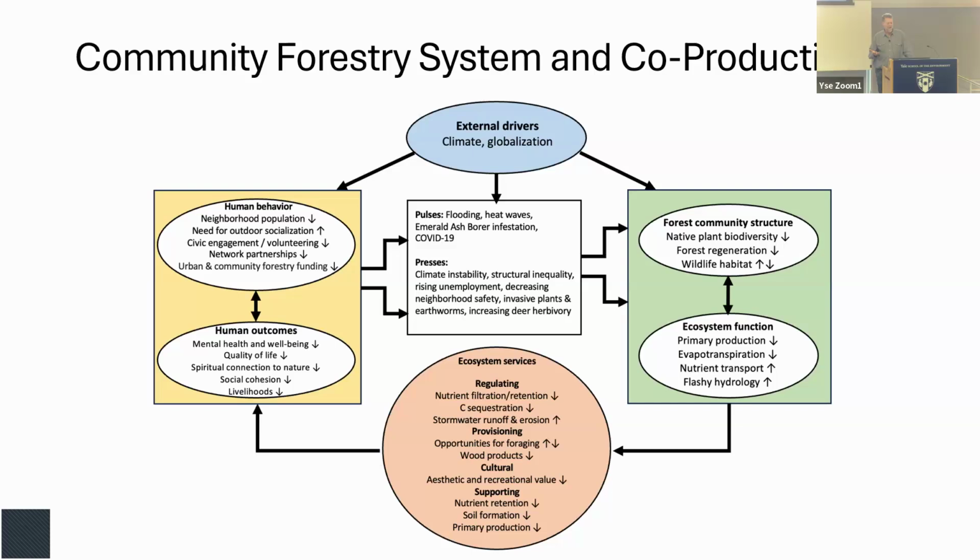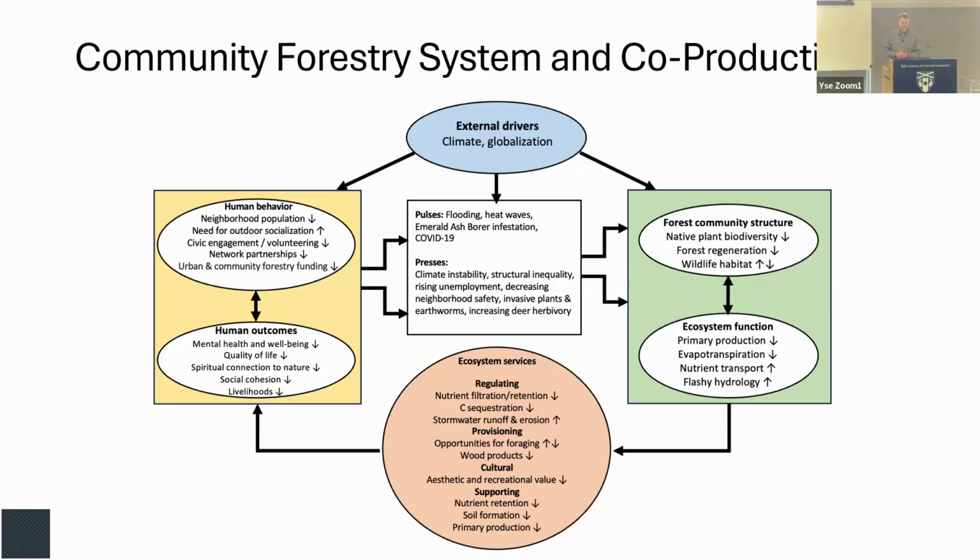And then we had these presses, and the distinction between pulses and presses, right? I should clarify. Pulses are big events that happen that ideally have some periodicity of short time, and presses are the stresses that accumulate and are occurring over long periods of time. So climate instability, structural inequality, rising unemployment, decreasing neighborhood safety, invasive plants.